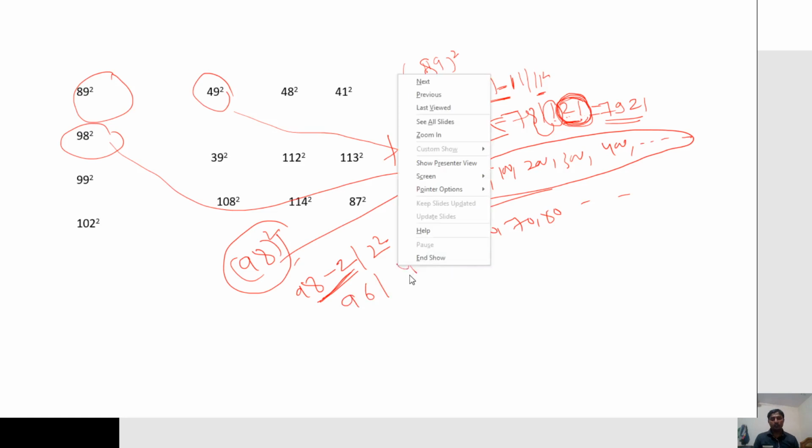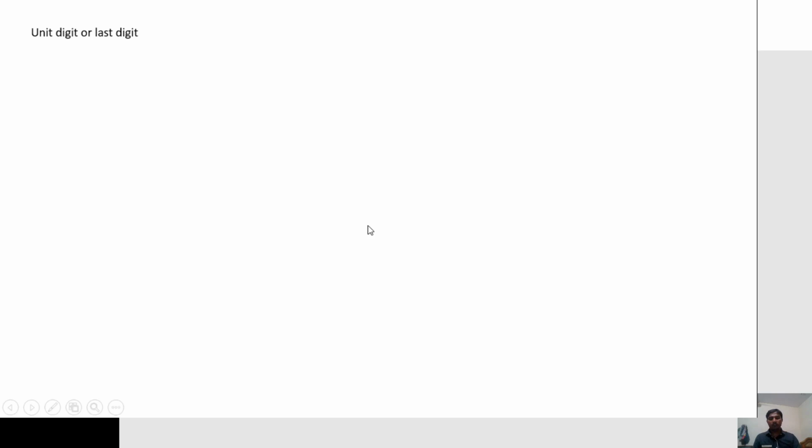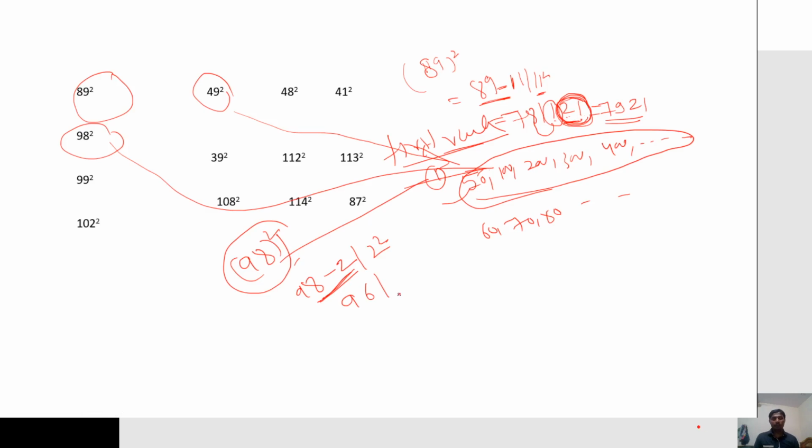We always take the right-hand double digit, and this includes 0. So we get 9604. This is the square of 98, and there are so many examples.